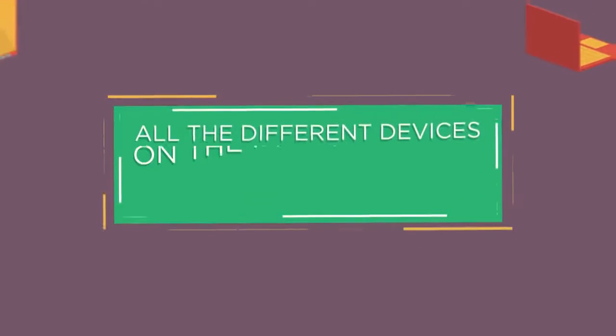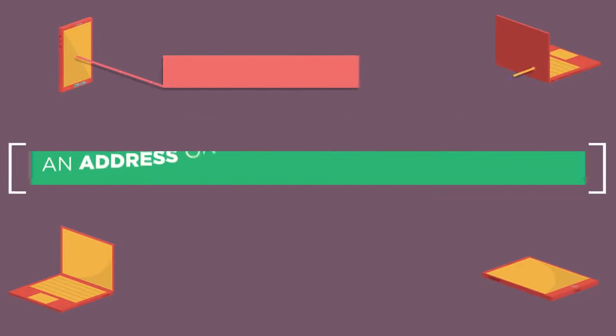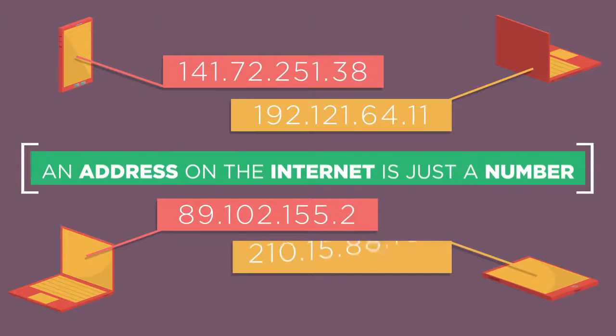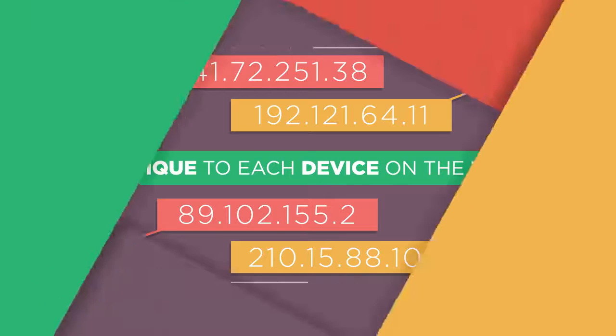All the different devices on the Internet have unique addresses. An address on the Internet is just a number, similar to a phone number or a sort of street address that's unique to each computer or device at the edge of the network. This is similar to how most homes and businesses have a mailing address.